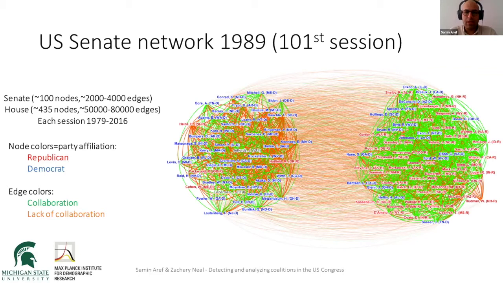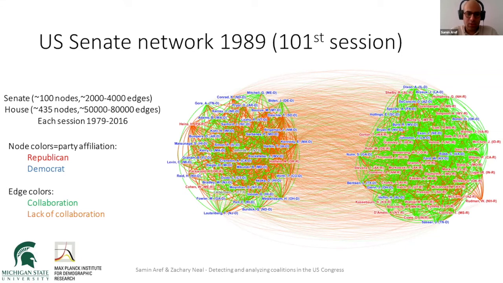We use bill co-sponsorship data, and from that data, we infer signed networks of legislators. So in these networks, the nodes represent legislators, and we have positive and negative edges, which represent collaboration between these legislators. Positive edges mean a statistically significant level of collaboration, and orange edges, which are negative, represent a significant lack of collaboration.